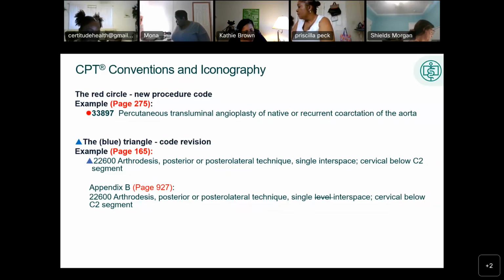The red circle in front of your code means that it's a new code that was added to the book this year. The 2 triangles pointing at each other means that the code contains new or revised text. So sometimes it could be just as simple as the word was misspelled in the CPT book for a whole year, and they updated it. So now the text is revised on that code.